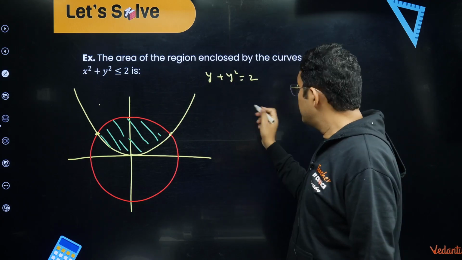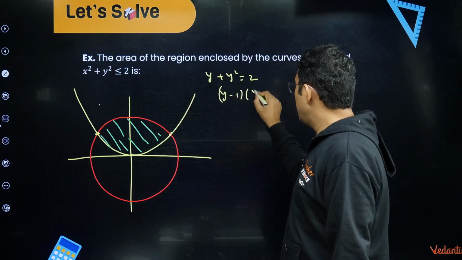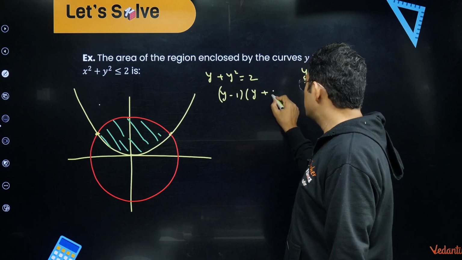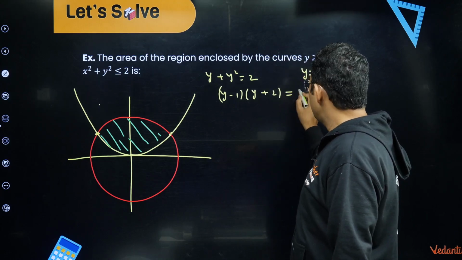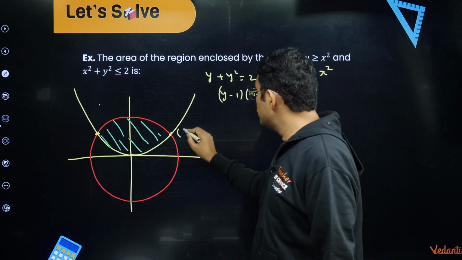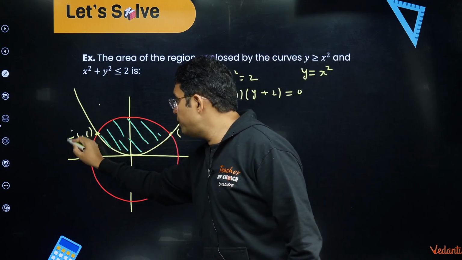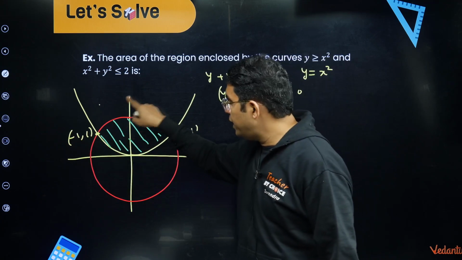From very simple observation, y minus 1 is one factor and y plus 2 is another factor. So the only possible value is y equal to 1, and if y equals 1, x will be 1 here and minus 1 here. So these are the points of intersection, and we have to find the area.